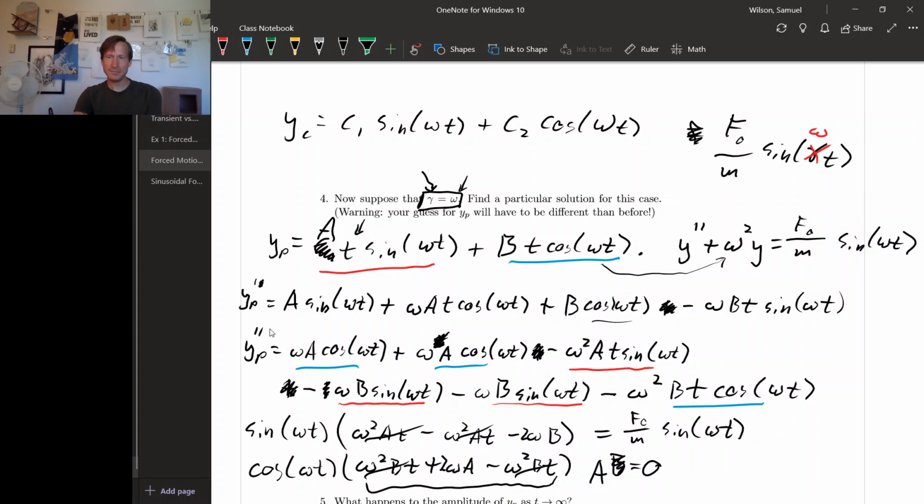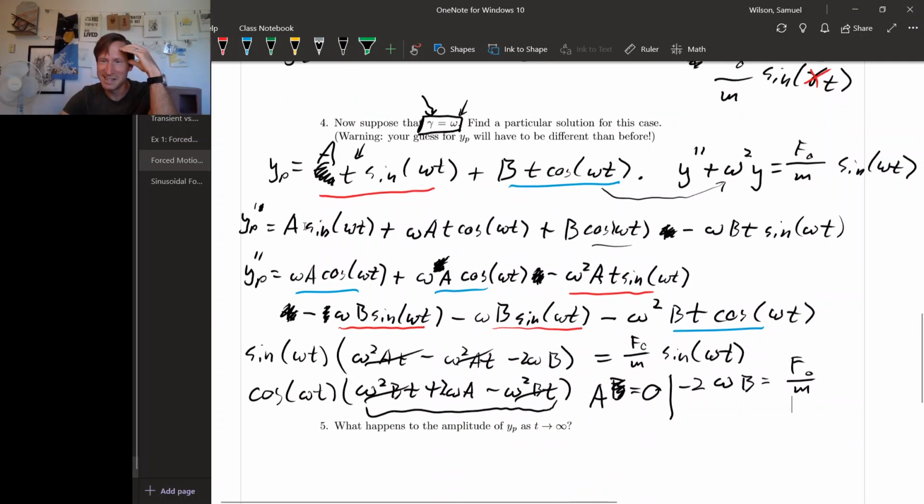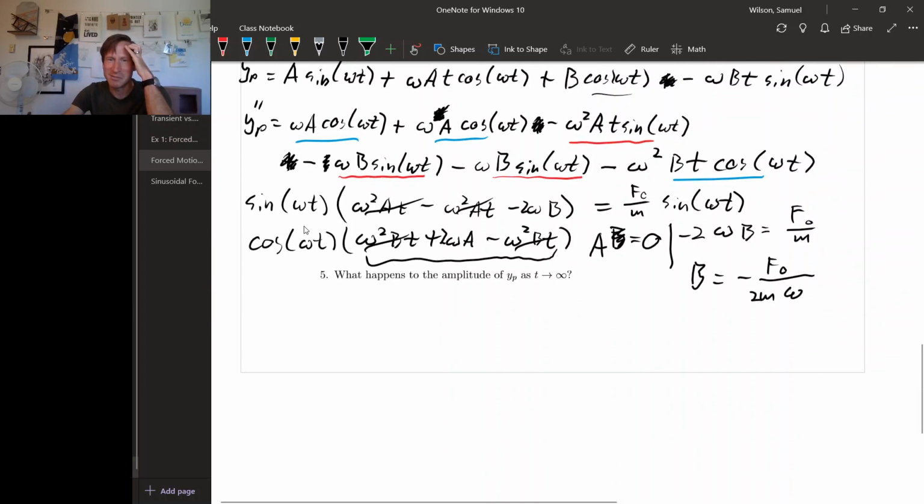And then for our sine equation, comparing the coefficients on these sine functions, we get minus 2 omega b has to be equal to f sub 0 over m. And so finally, after all of this mess, we get b is equal to minus f sub 0 over 2m omega. Yikes.